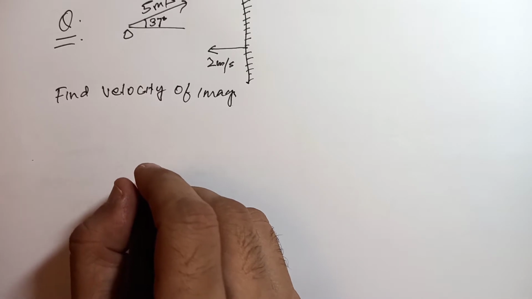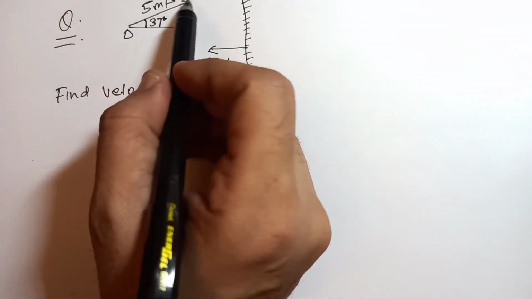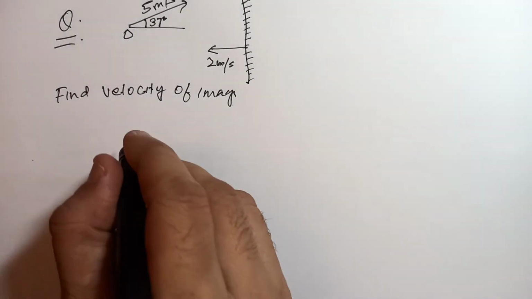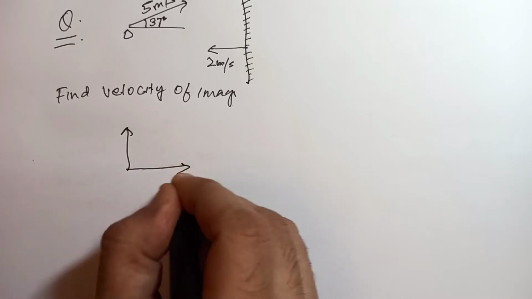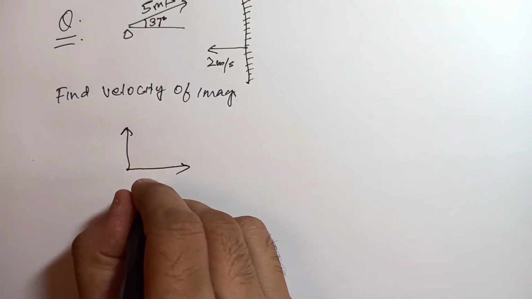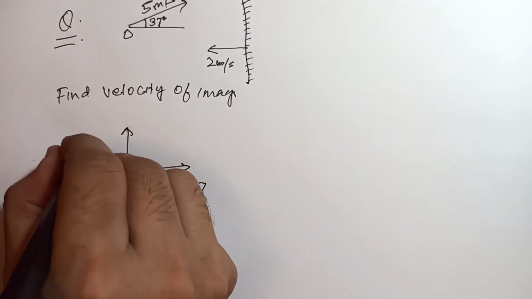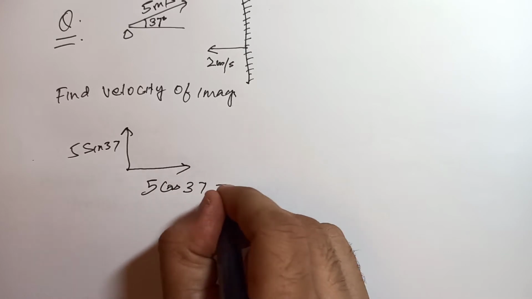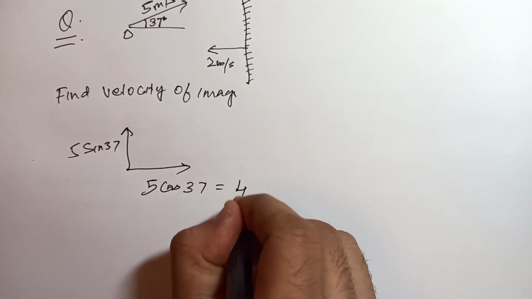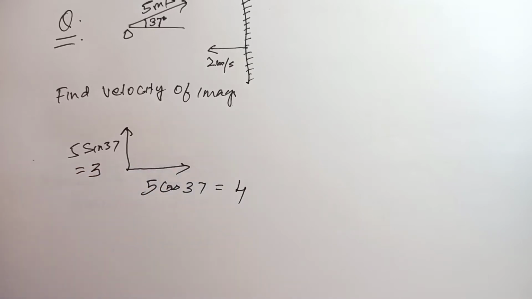Now the first thing which we will do is we will just break this 5 meter per second into horizontal and vertical. So if I break this into horizontal and vertical, this would be 5 cos 37 and this would be 5 sin 37. 5 cos 37 is 4 and 5 sin 37 is equal to 3.